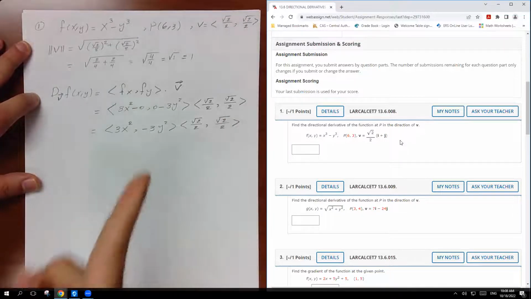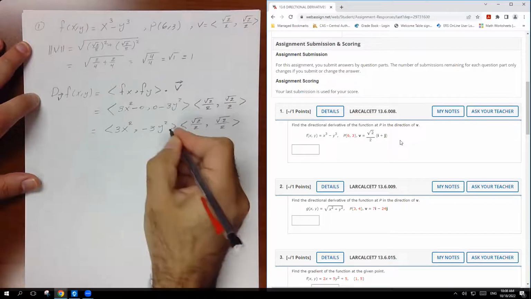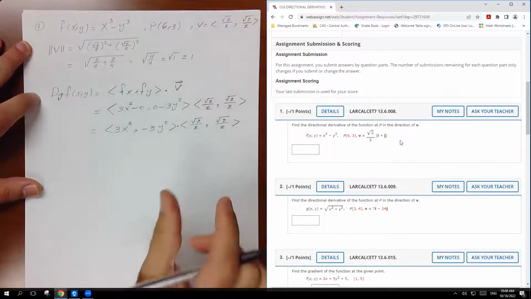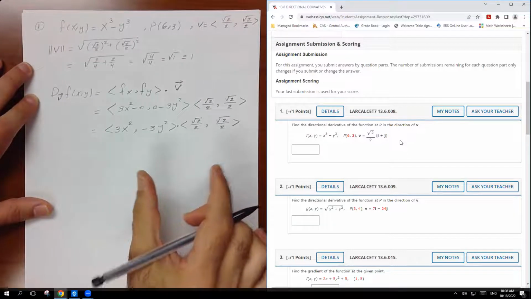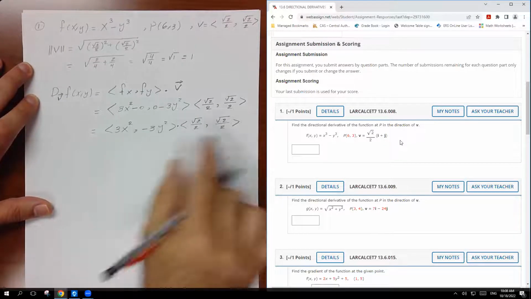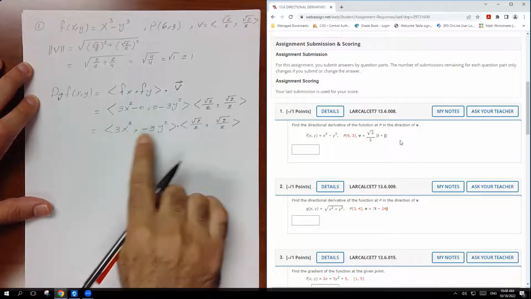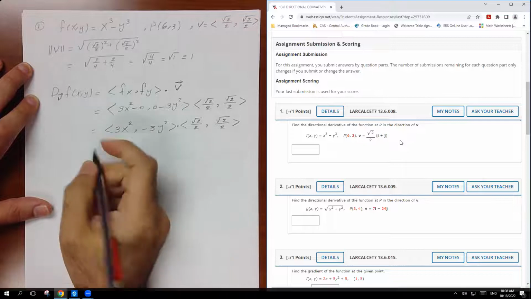Be careful, this is a dot product. The result of the dot product is going to be a number. That means when you do the dot product between two vectors, this one is going to be times this one plus this one times this one.